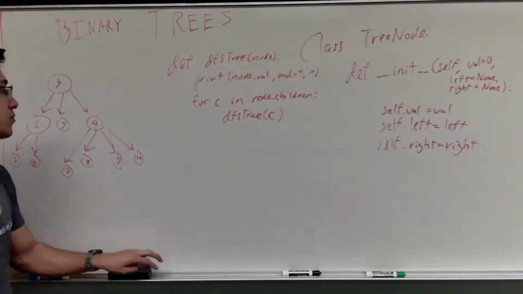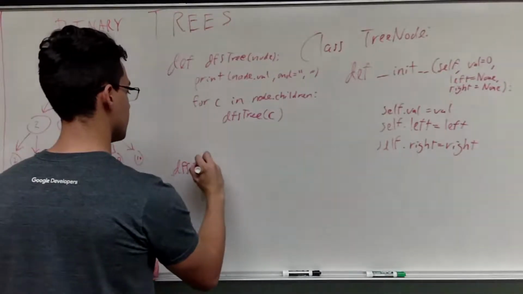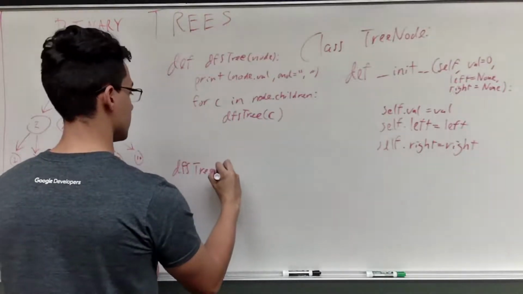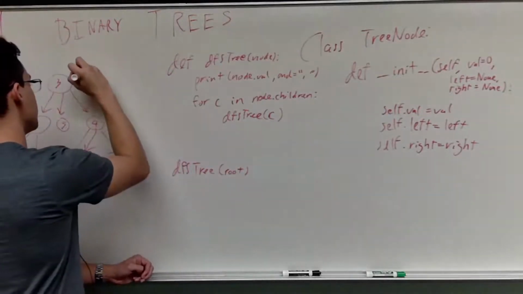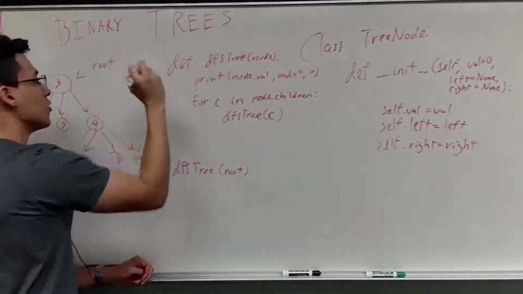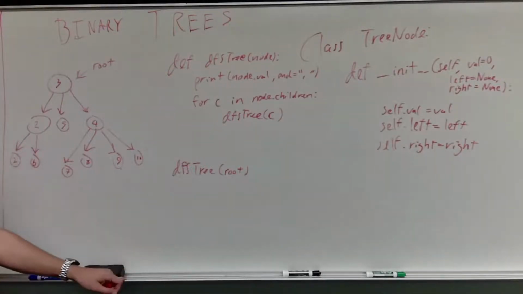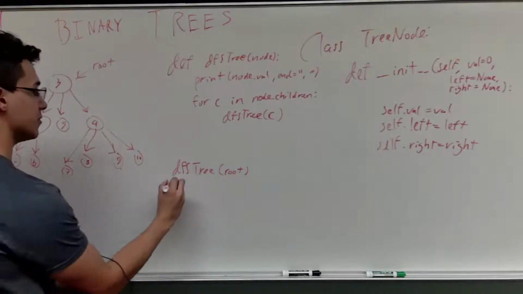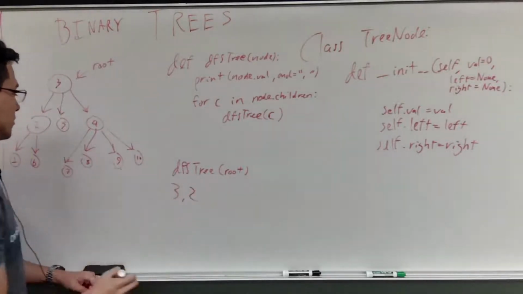So this is DFS in preorder. I'm saying this is root. How does it print the values? Yeah, 3. And then 2. Yeah, you're right.